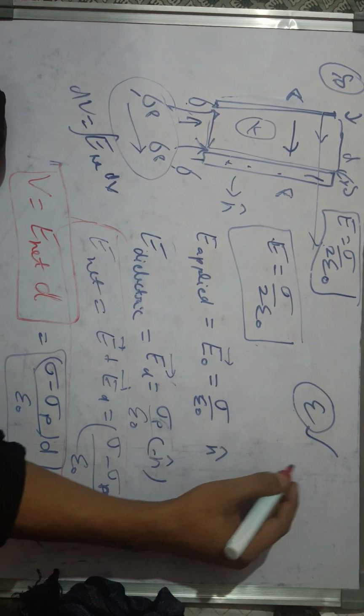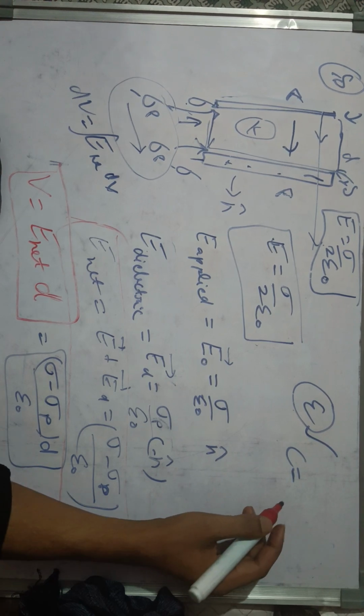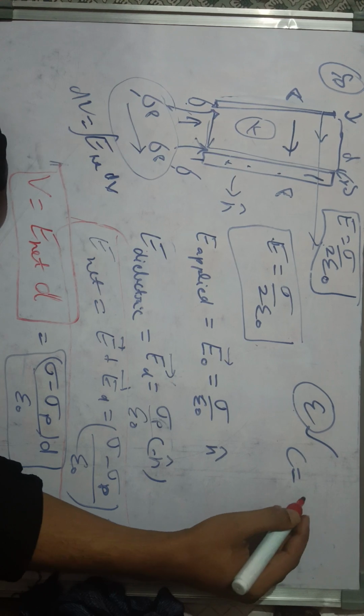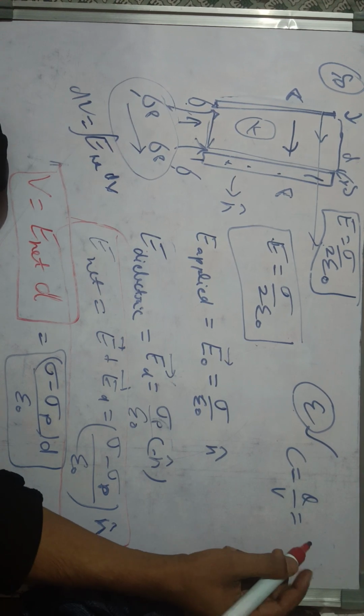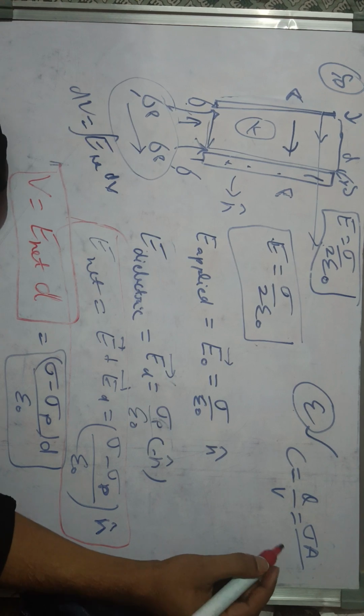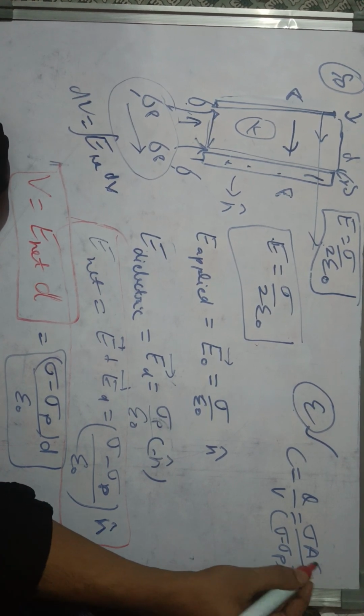We know that the capacitance of a capacitor is simply Q by V, which is equal to sigma into A divided by sigma minus sigma p into D over epsilon naught.